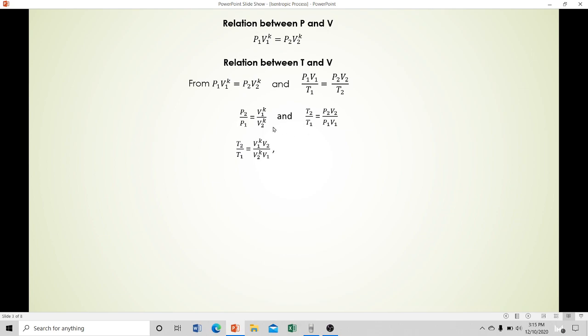If we write this form, T2 over T1 is equal to V1 raised to K times V2 over V2 raised to K times V1.